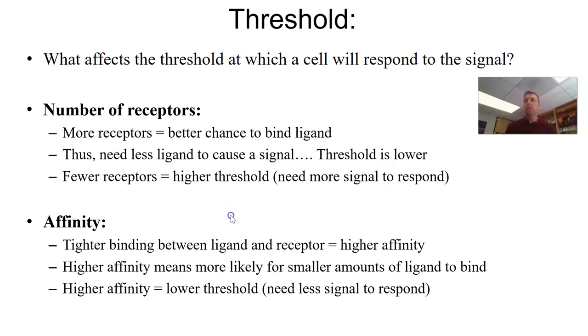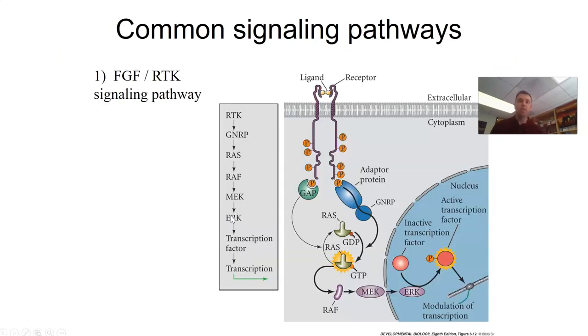So let's talk a little bit about common signaling pathways now and how we can look at these. Here's a common factor, fibroblast growth factor, receptor tyrosine kinase, the FGF-RTK signaling pathway. The ligand is an FGF, the receptor is a receptor tyrosine kinase, and then you have all these signaling cascade molecules. When the ligand is bound, the receptor will phosphorylate itself.